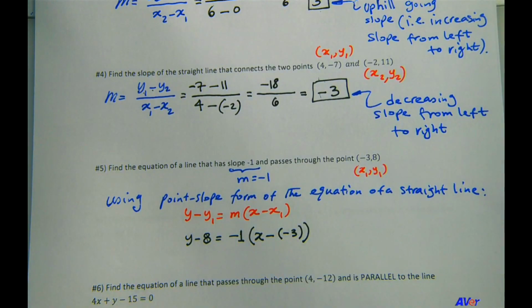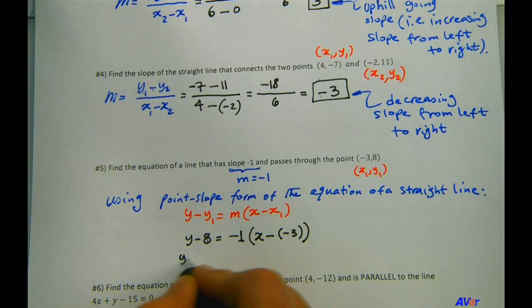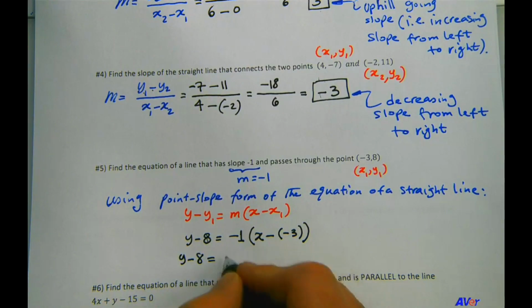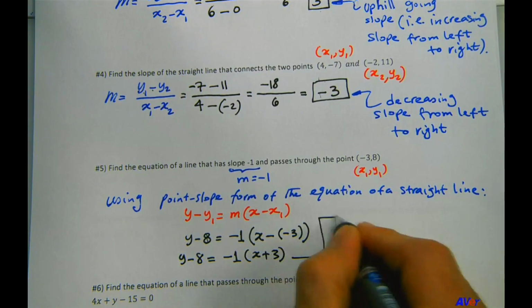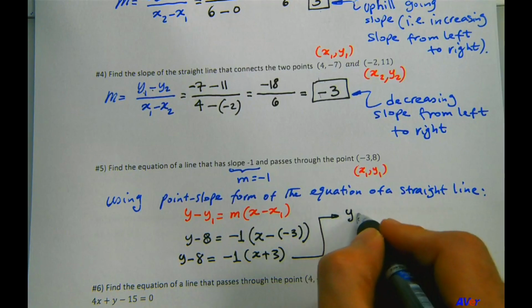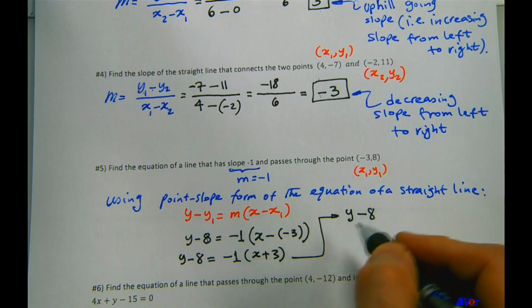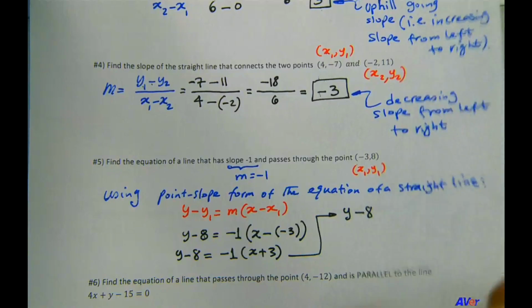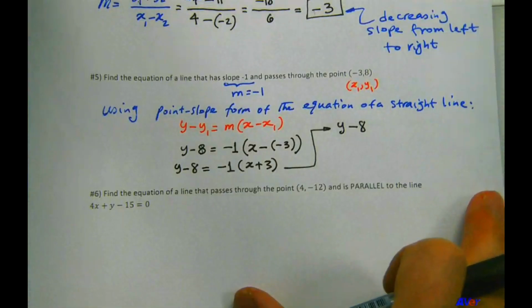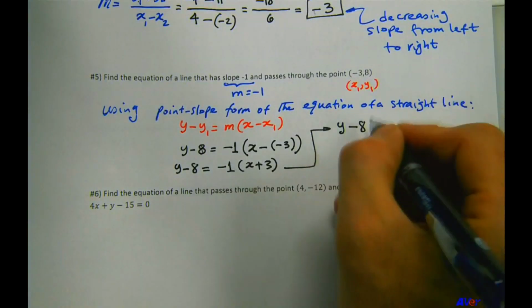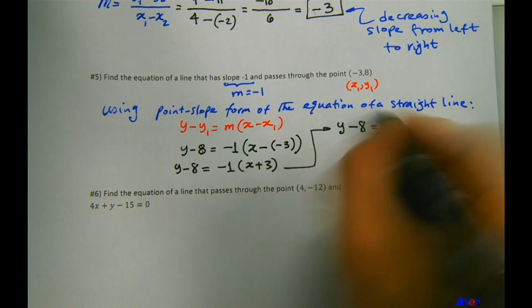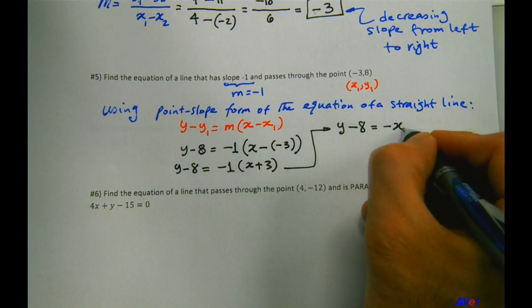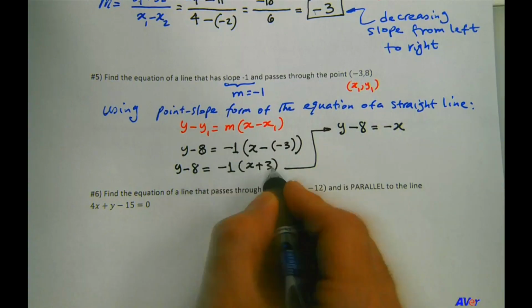Okay? So let's simplify. Y minus 8 equals minus 1 times x plus 3. Let me move this up a little bit. Y minus 8 equals, let's distribute the -1 into this parentheses. What do we get? We get minus x minus 3.